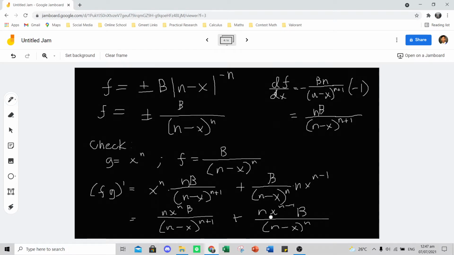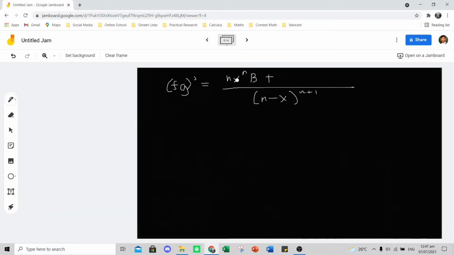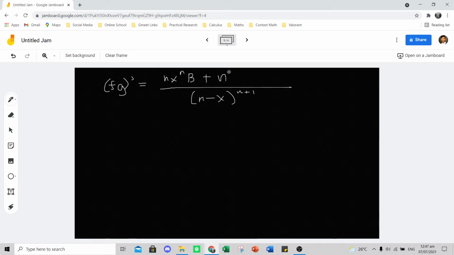It's going to be negative n x raised to n b. So here, minus n x raised to n b. And here we can cancel both of these terms, and we're left with n squared x raised to n minus 1 times b all over n minus x raised to n plus 1.